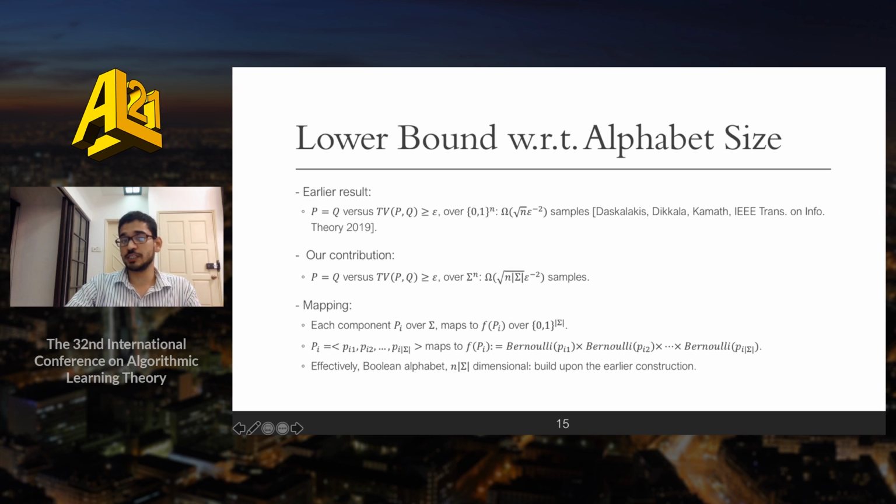Then we map to the distribution f of pi, which is Bernoulli pi1 times Bernoulli pi2 times up to Bernoulli pi sigma, which is over the alphabet 0, 1 to the sigma. Once we have that, effectively we get a Boolean alphabet distribution, which is n times size of sigma dimensional. And then we build upon the earlier construction to get our square root of n times sigma epsilon to the minus 2 lower bound.